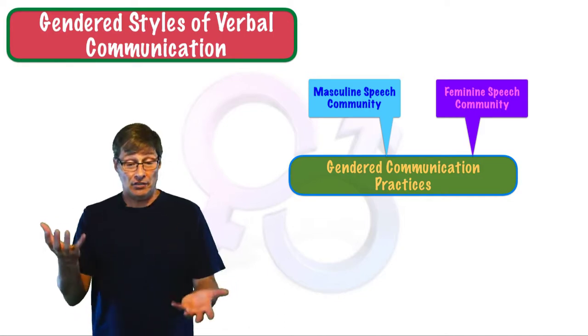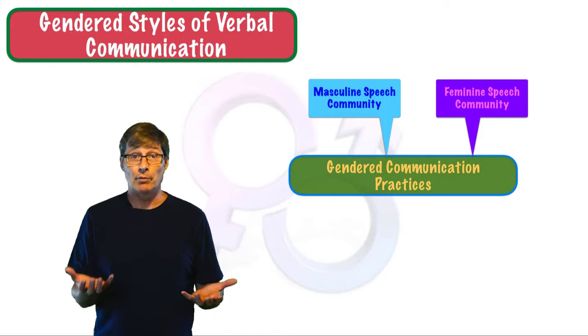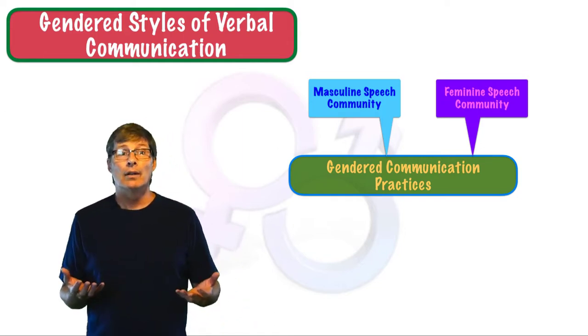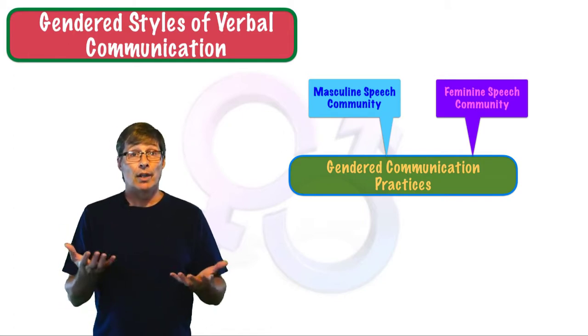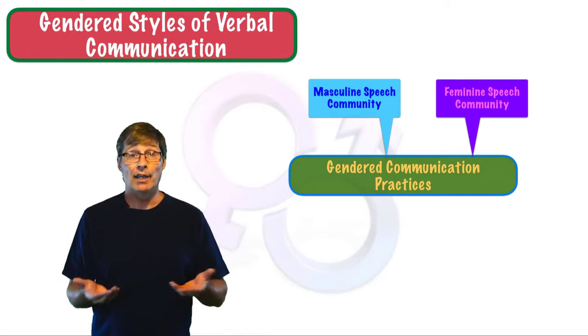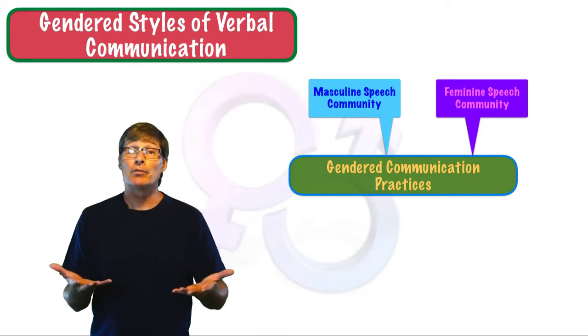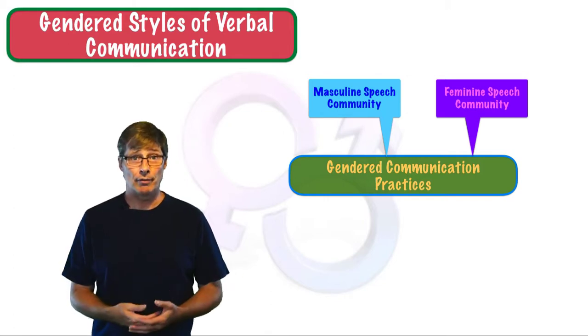And so we'll see these differences in the feminine and masculine speech communities, and it helps us understand that when we start to engage in communication in our later teens and adulthood, more for intimate partnerships, marriages and relationships, we find that communication isn't always straightforward and easy.